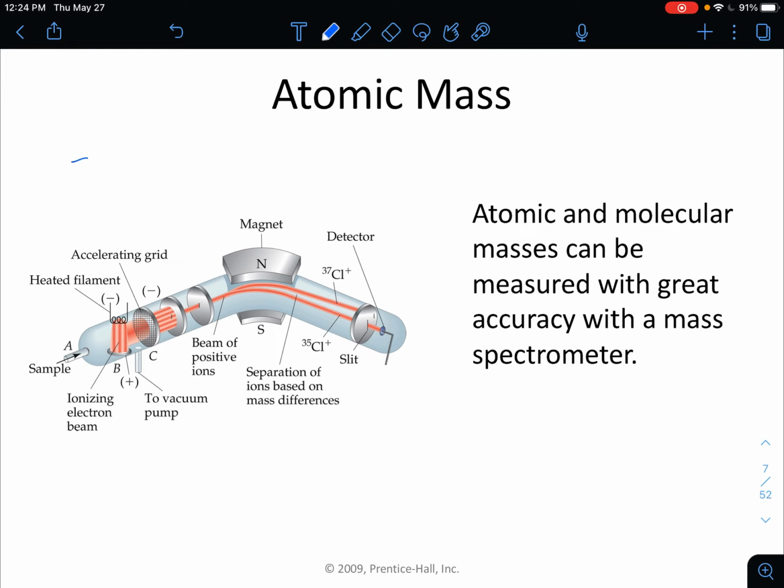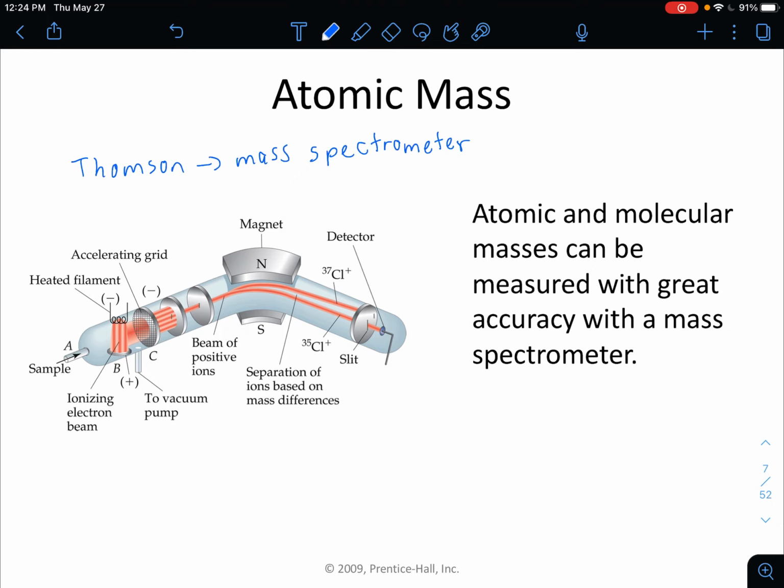You also might remember from early on in the last set of slides, we saw that Thomson, in addition to his work with cathode ray tubes, also created an instrument called the mass spectrometer. Essentially, it's an instrument that can very accurately determine the mass of a small particle.